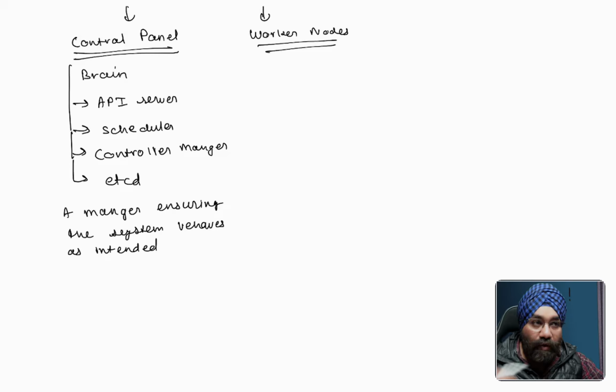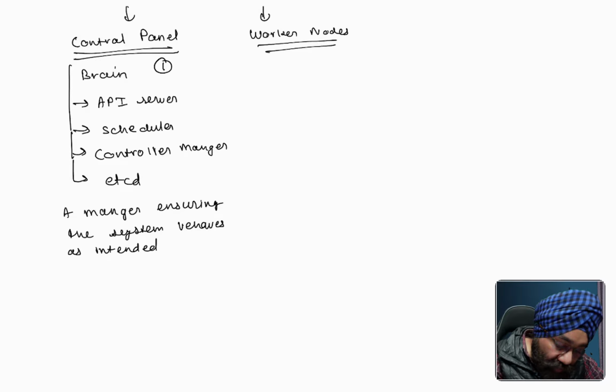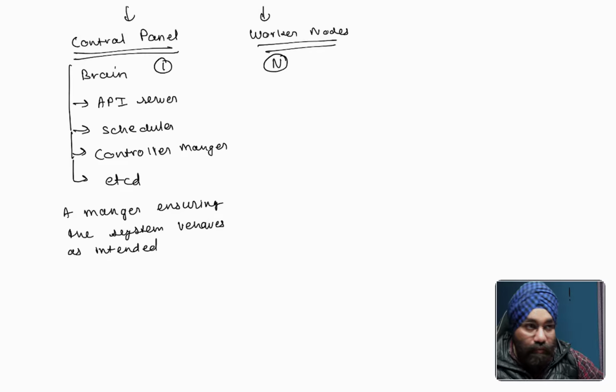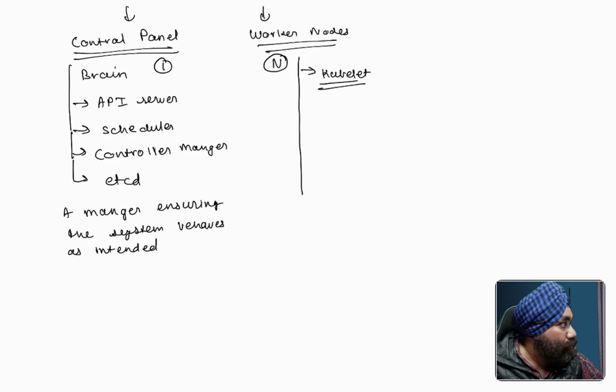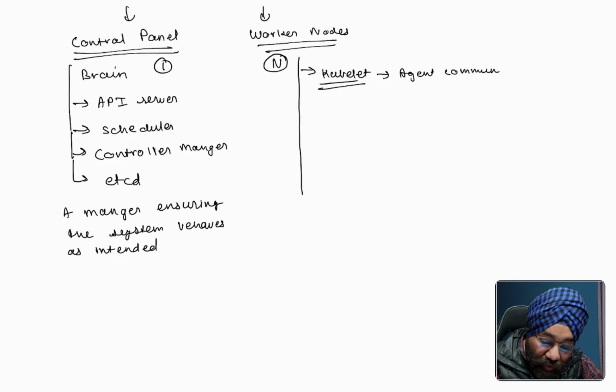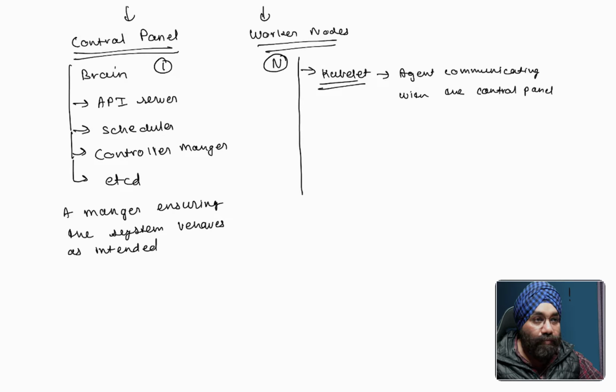Now comes the worker nodes. There is only one control plane, but there can be many worker nodes in your Kubernetes. Inside each worker node, there is a kubelet. It is like an agent communicating with the control plane.